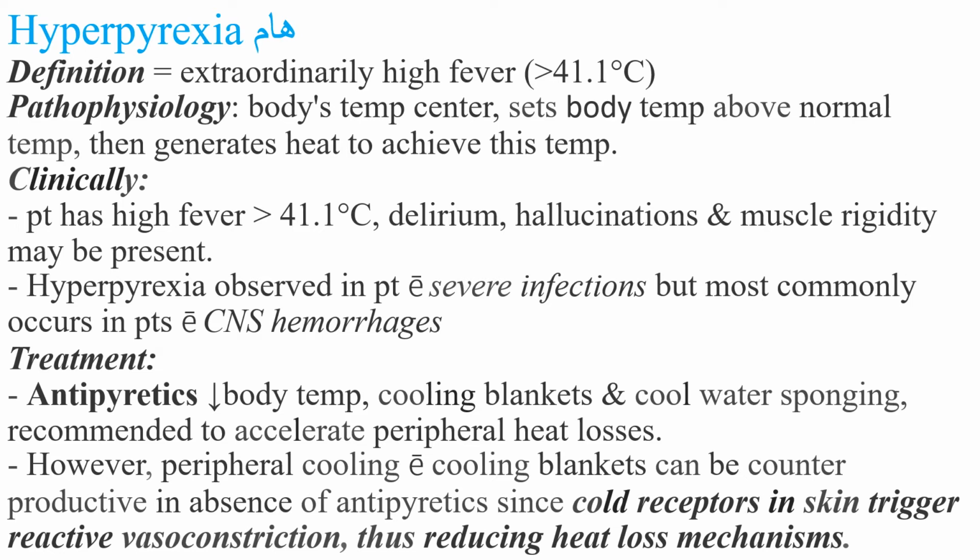So first there is a change in the center, then in reaction to this increase in the setting of the center, the body tries to reach this temperature. Clinically, the patient has high fever more than 41.1 degrees centigrade.